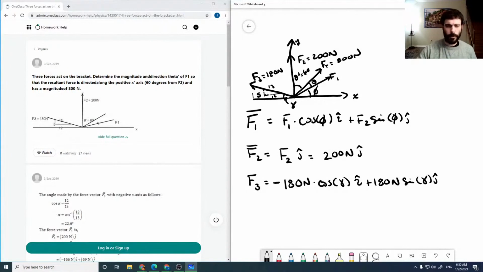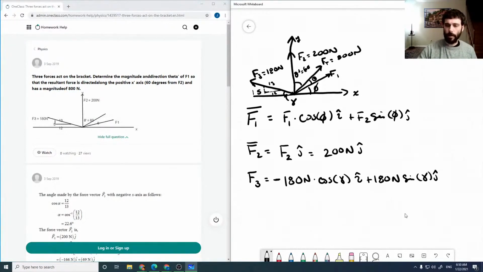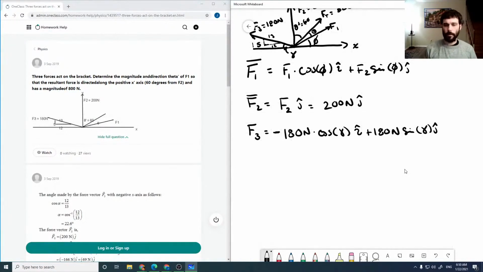So we can solve for our angle here, or we can solve for the values directly. So we're shown for F3 a 12, 13, 5 triangle. So that means that cos gamma, and this is gamma in here, cos gamma is the adjacent over the hypotenuse, so 12 over 13.